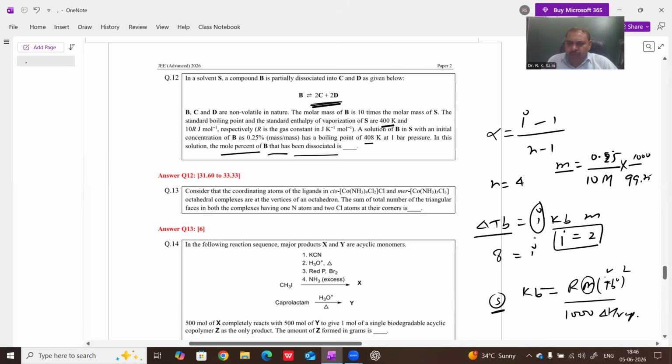When putting the value of i, then alpha is 1 upon 3, or in percentage, into 100. Therefore, the answer is 33.33. 33.33% degree of dissociation. Question number 12. Question number 13. Take the question number 13.